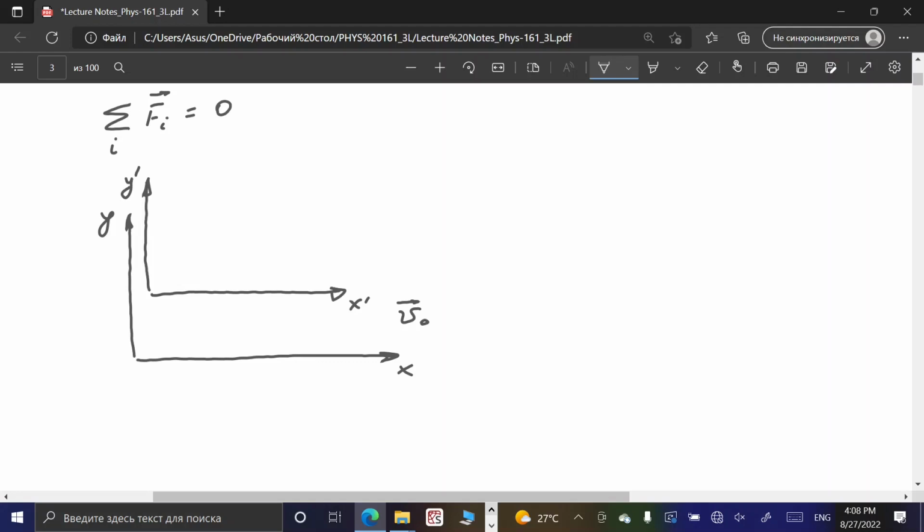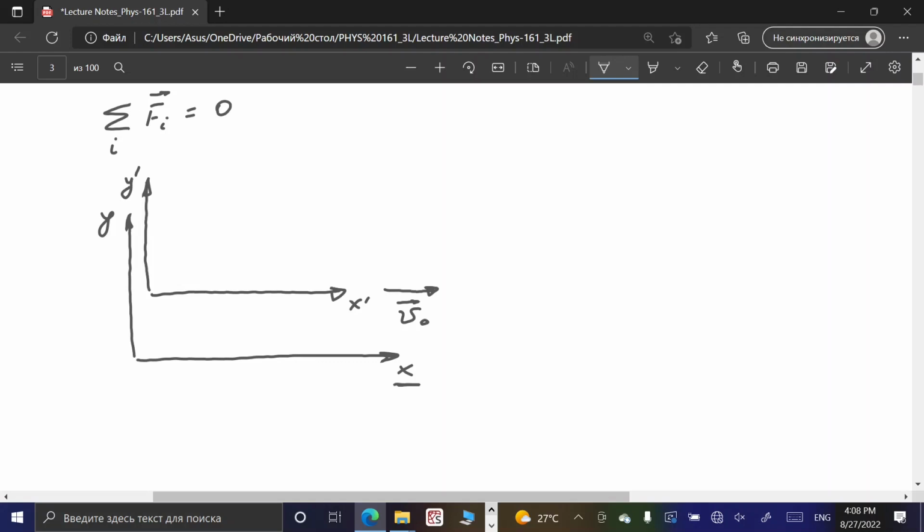So x prime, y prime moves with some velocity vector v naught. Let's say it's aligned along axis x with respect to this immobile system of reference. Okay, we defined with this system, inertial system of references.